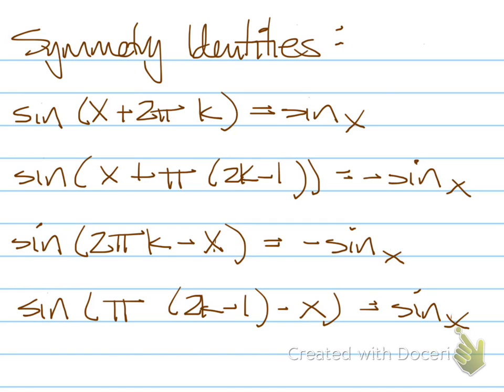And then these are the symmetry identities. If you were to reflect or rotate these trig functions across some line, you would get the trig function on the right side of the equation.